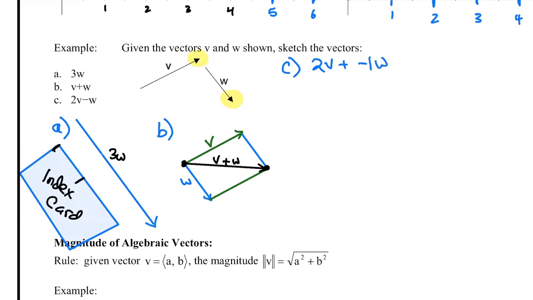So we don't really talk about vector subtraction. We mentioned this last time. We talk about addition with a negative scalar. So the negative here is telling me that W is going to be going in the opposite direction, so we're going to reverse the direction of W. But we're also going to double the length of V. So I have a V here, and I'm going to get a second V involved.